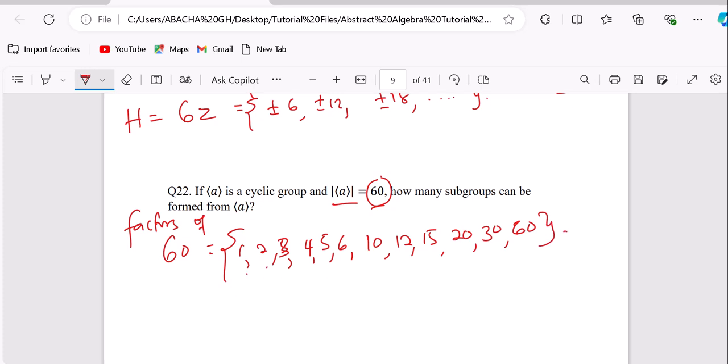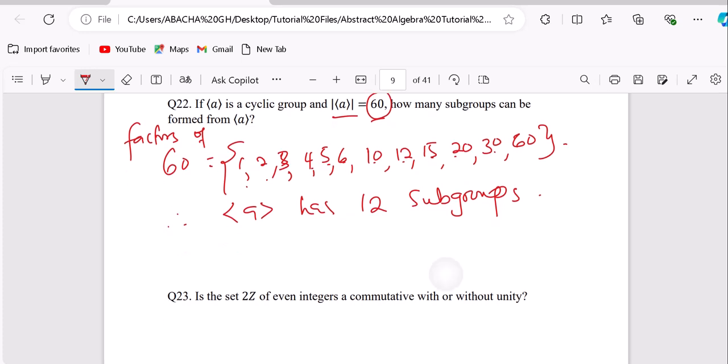So 1, 2, 3, 4, 5, 6, 7, 8, 9, 10, 11, 12. We can see that A has 12 subgroups, and that's all for that one.